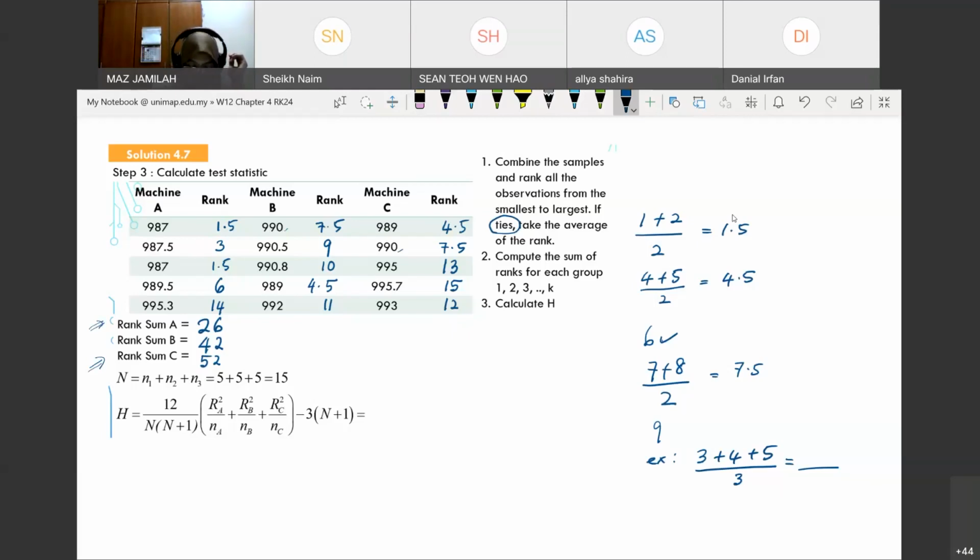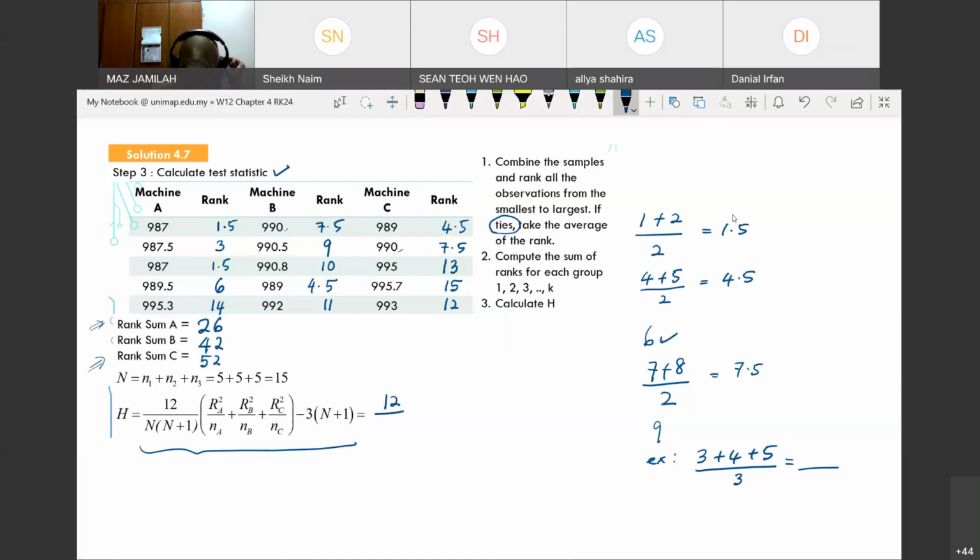Now, next you need to calculate the test statistic, and that test statistic is given by H, where H is given by this particular formula. So just follow this formula. If you have 5 or 4 populations, then you will add here number 4 squared over n4, and so on, proceeding until whatever number of populations we have. In this case, we know our n is 15.